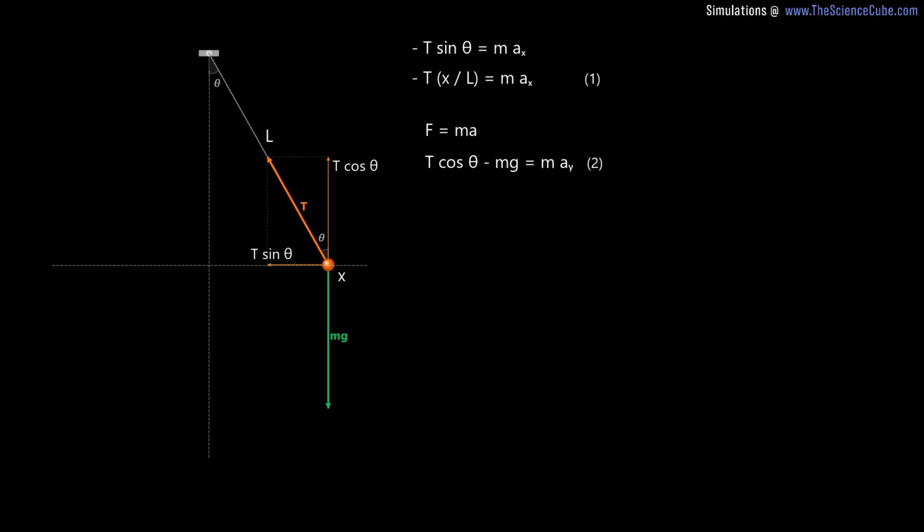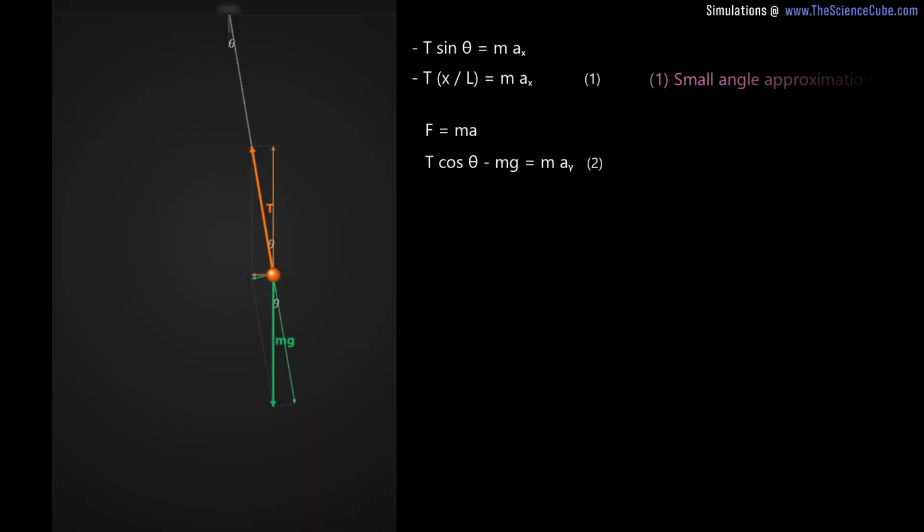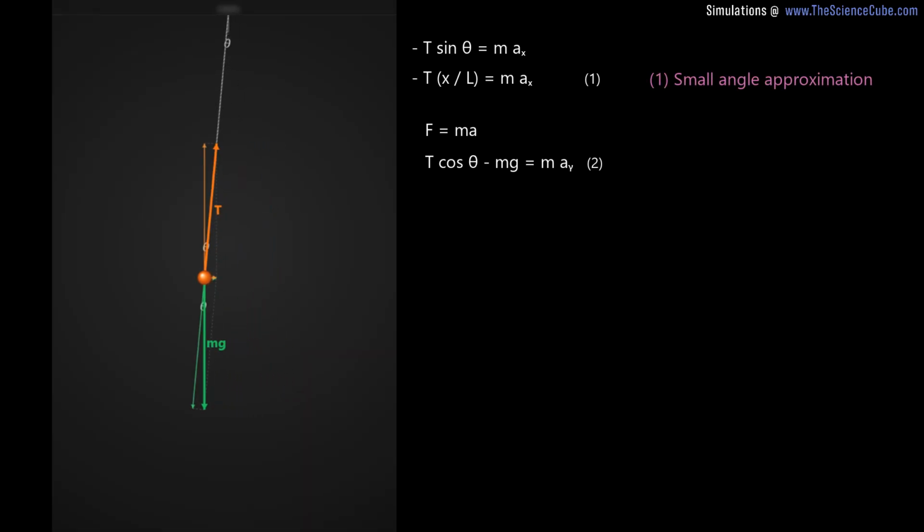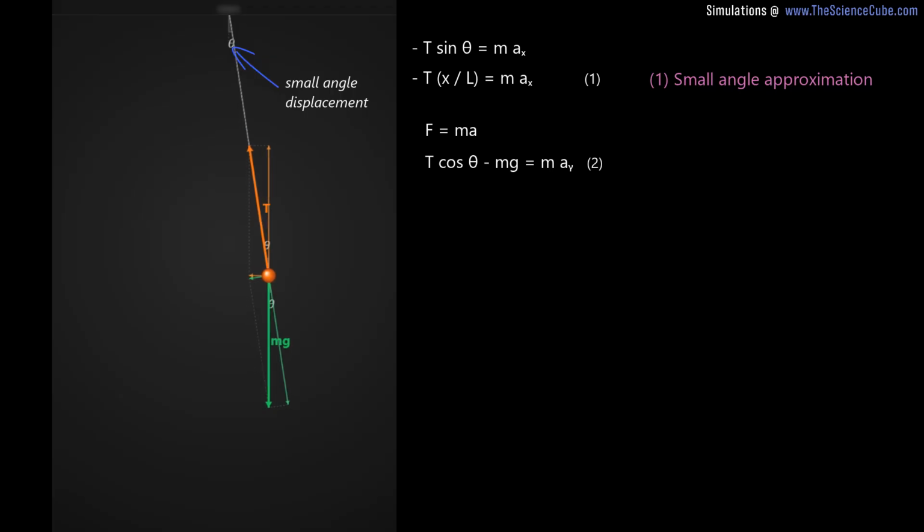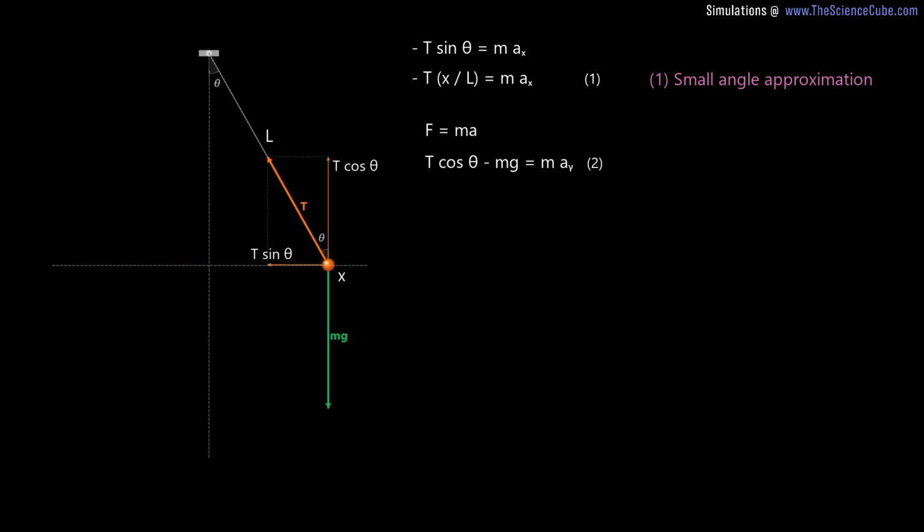So the first one is called the small angle approximation. That is, we assume the pendulum swings a tiny bit only, say less than 10 degrees. Now if theta is small, like 5 degrees or 10 degrees, cos theta approximately equals 1. Because if you check cos of 5 degrees, it equals 0.996, almost 1.